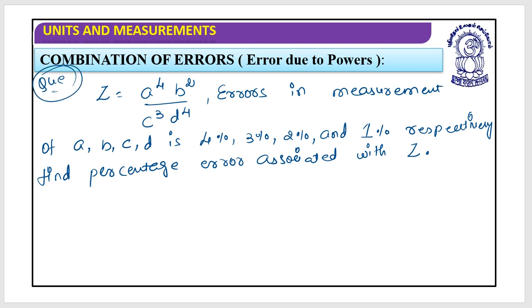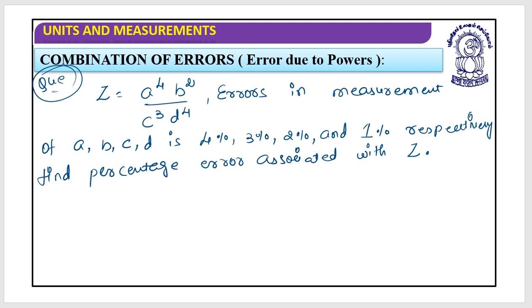They have given a relation such that Z is equal to A to the power 4 multiplied by B square divided by C cube into D to the power 4. They have given the errors in the measurement of A, B, C, D as 4 percent, 3 percent, 2 percent, and 1 percent respectively. And you need to find out the percentage error associated with Z.